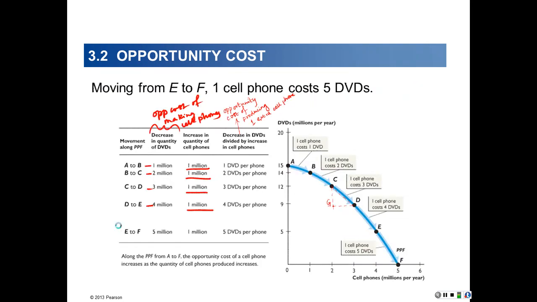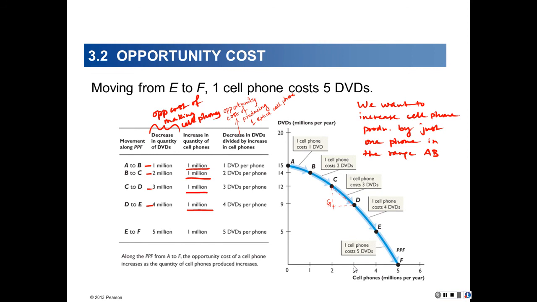All right. Now, let me ask you a question. Let's say that we want to increase cell phone production by just one phone in the range AB of the PPF.